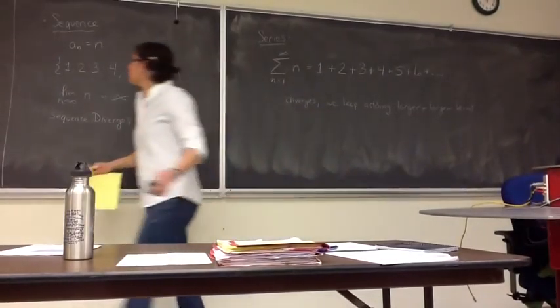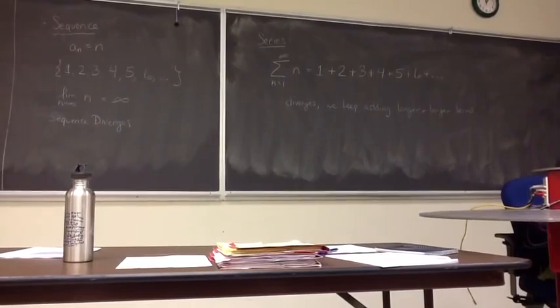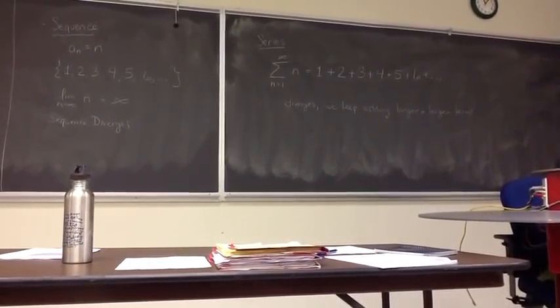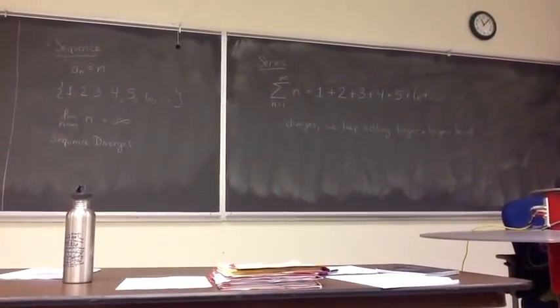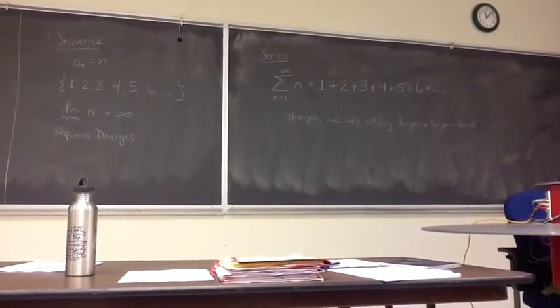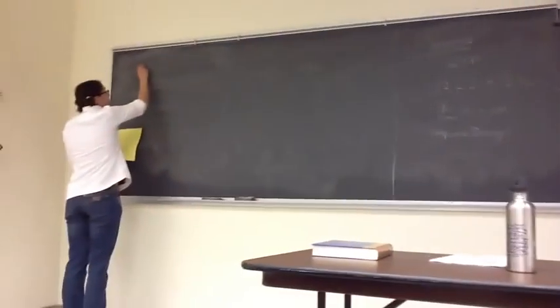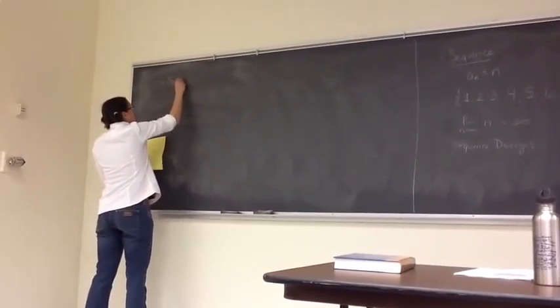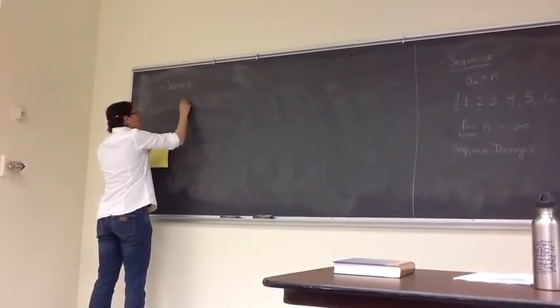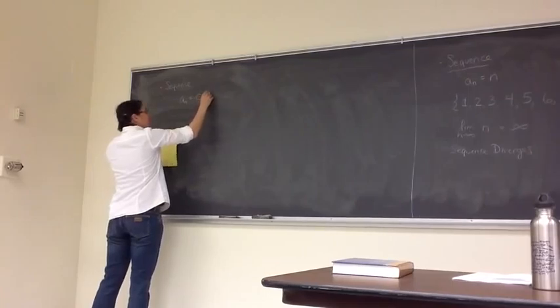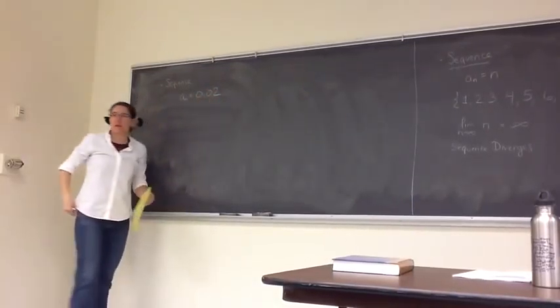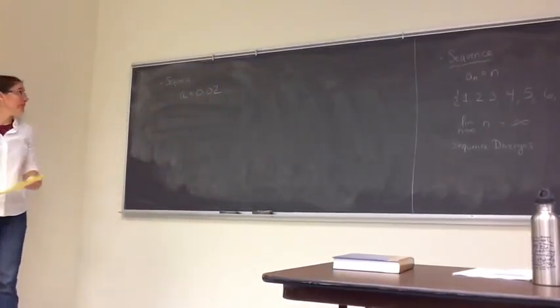Let's look at another example of a sequence. So I said sequence, meaning I'm going to write down a list of numbers with commas between them. Our second example is a sequence where a_n is equal to 0.02.